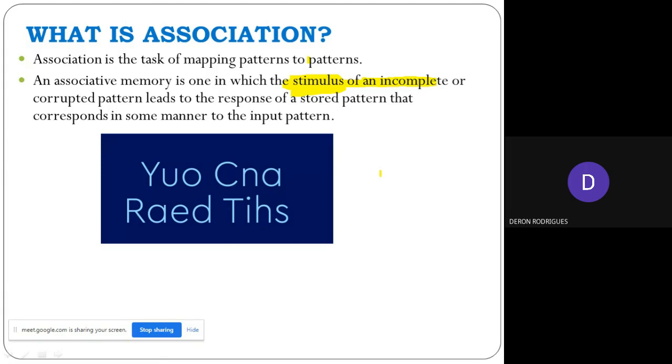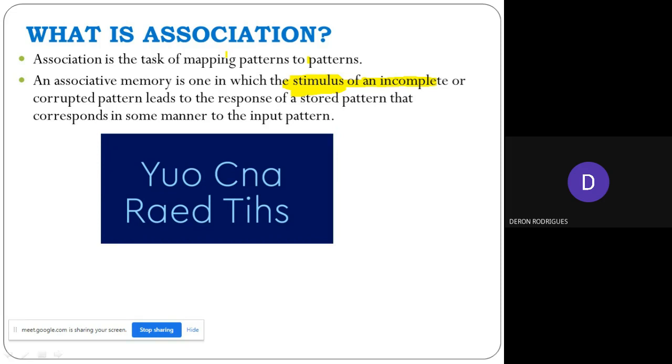It doesn't have to compare one by one; it can auto correct and then identify. So even if you have given a corrupted or incomplete pattern, it leads to some particular pattern which is stored. In our brain the correct spellings are stored, meaning we know the correct words. YUO is not a correct word, it is YOU. Similarly, CAN is the correct word.